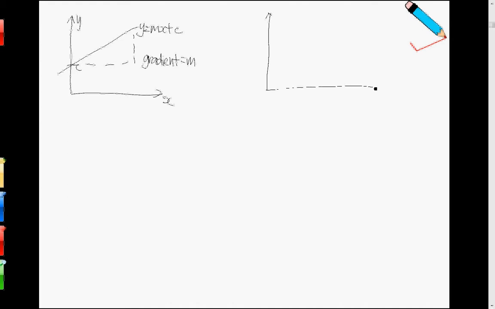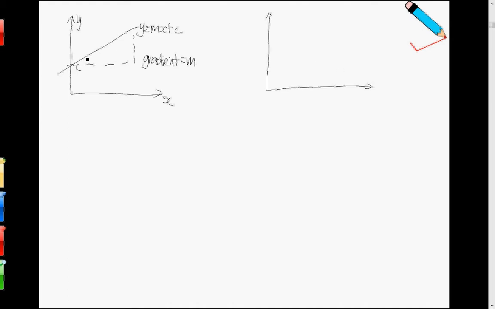As promised, I will further elaborate on what this differentiation is. We have learned in E-Maths that I have a graph y equals mx plus c, and the gradient is just y2 minus y1 over x2 minus x1, which equals m.